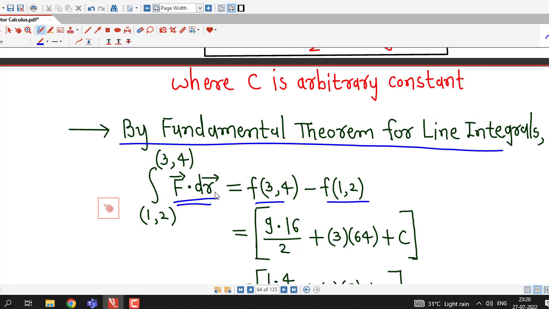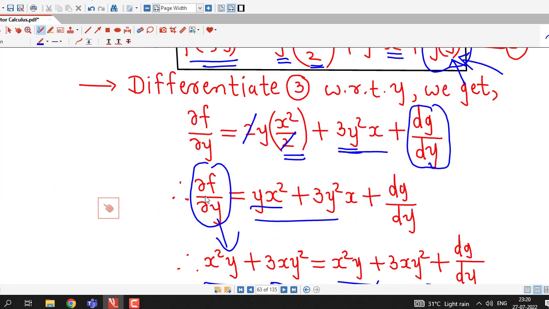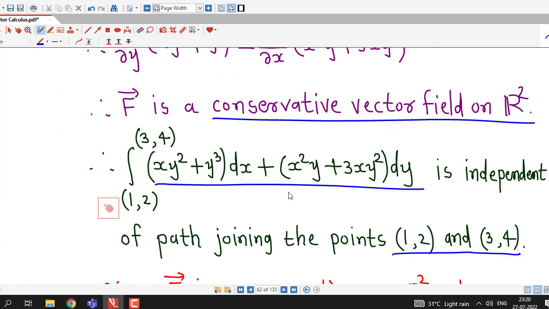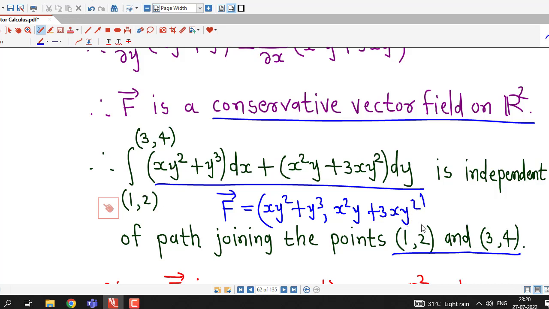F bar dot dr bar means our integral. Here our integral is given in this form. So if we consider f bar, we have already taken it as xy square plus x cube, comma, x square y plus 3xy square, and dr bar we consider as dx, dy. And if we take the dot product of f bar and dr bar, we will have xy square plus y cube dx plus x square y plus 3xy square into dy.